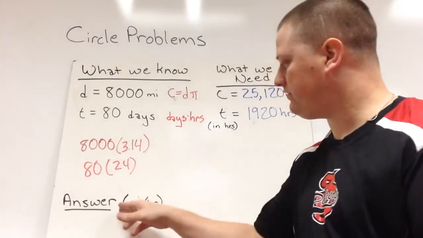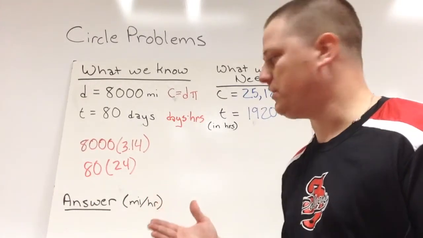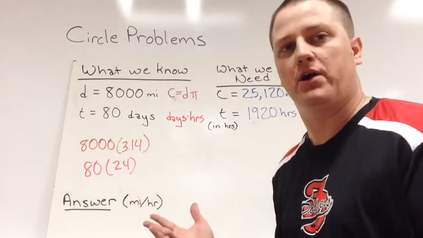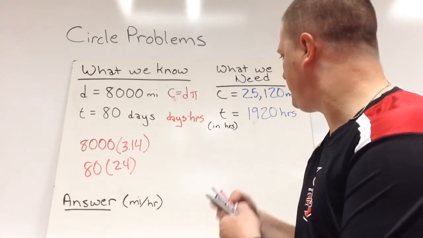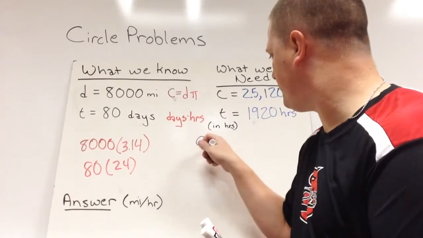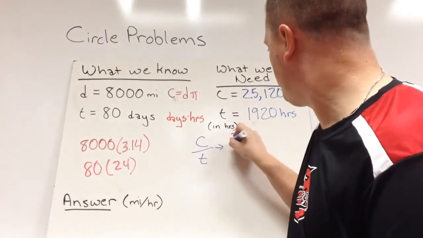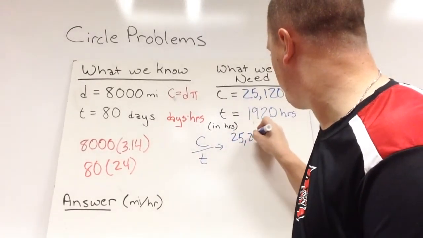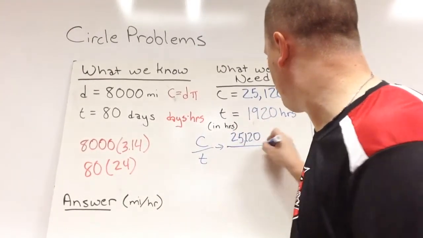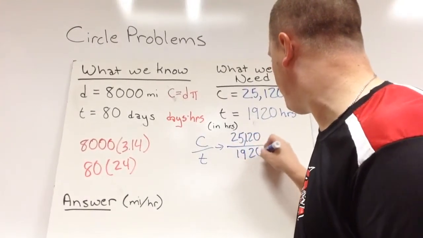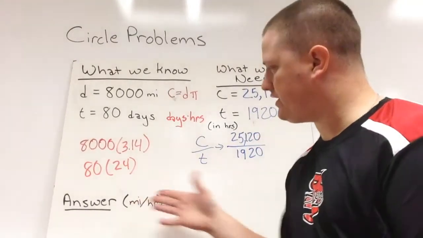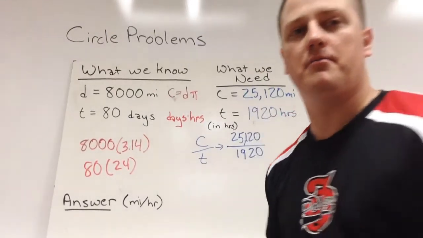And then my answer needs to be miles per hour. So miles, the word per just means divide. So we're going to take circumference divided by time, 25,120 over 1,920. So if I divide that out, I should have the answer in miles per hour.